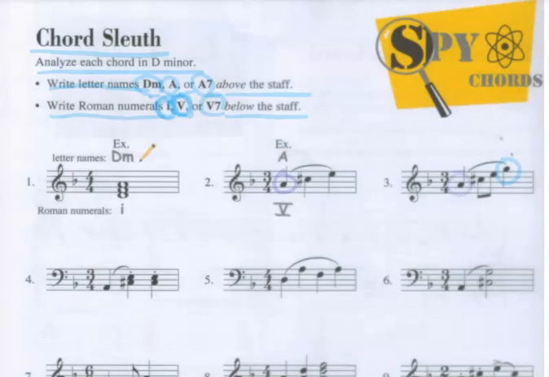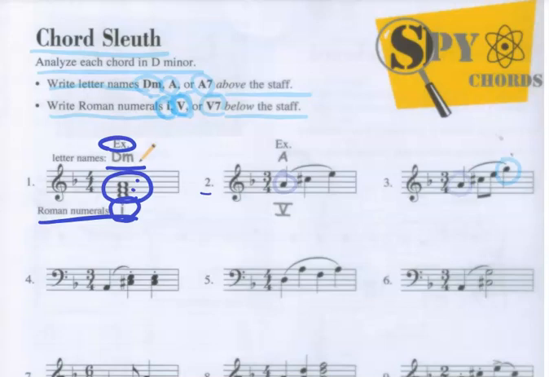Number one is an example, letter name. So this chord is D minor chord, D, F, and A here. And this is D, M. M means minor, right? And in Roman numeral, this is 1 chord in D minor. Okay, and number 2 is already done.